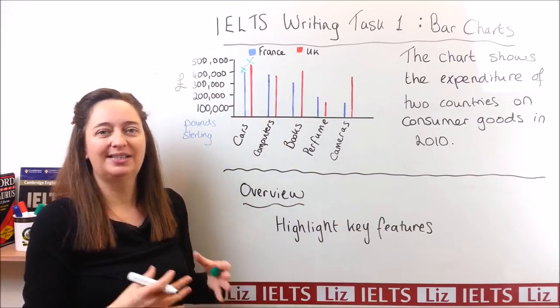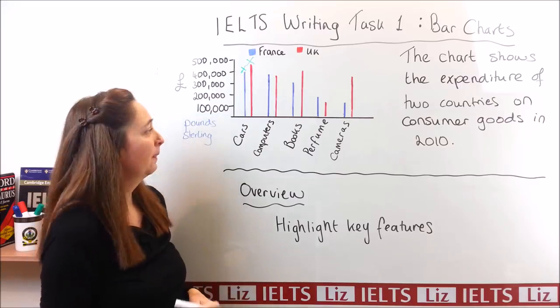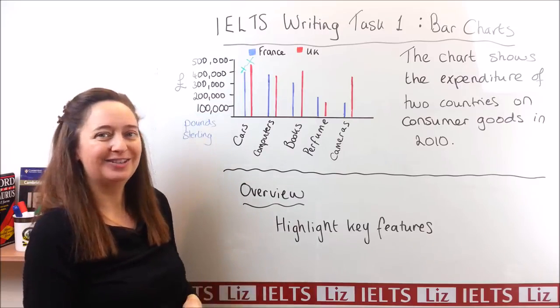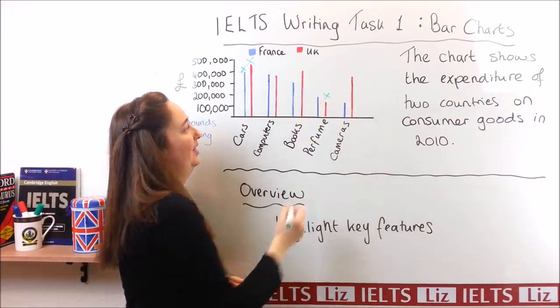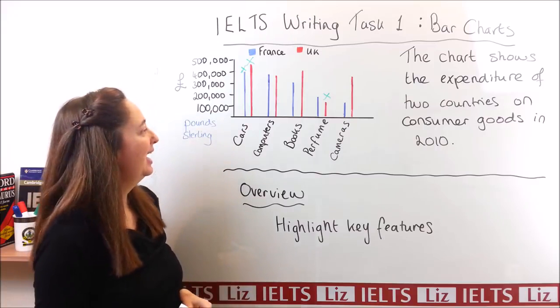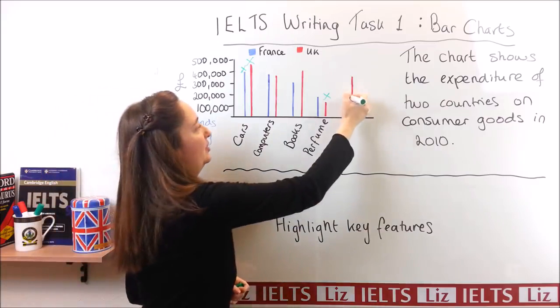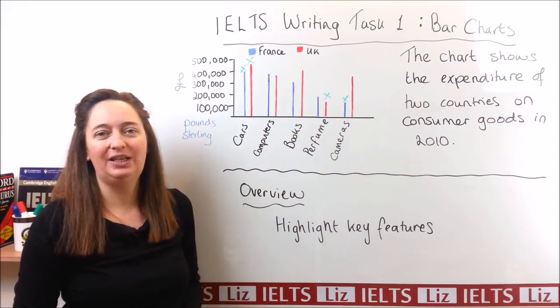So both France and the UK spent most of their money on cars. But if we look at the other end, so the lower points, for England, the least amount of money was spent on perfume. And for France, it was cameras. So those are key features.